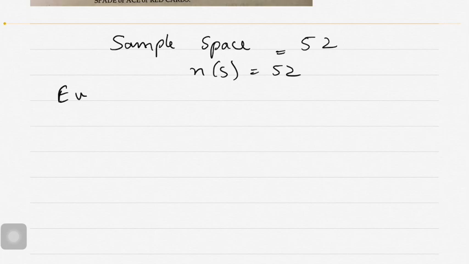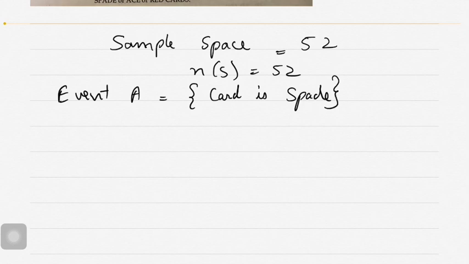I will name the events. Event A: card is spade. Spade means this sign. Event B: card is ace.